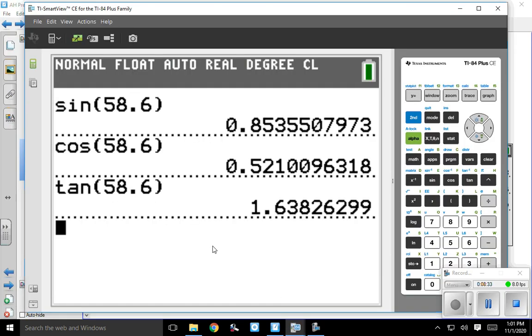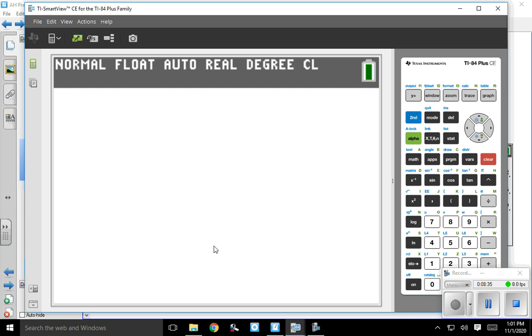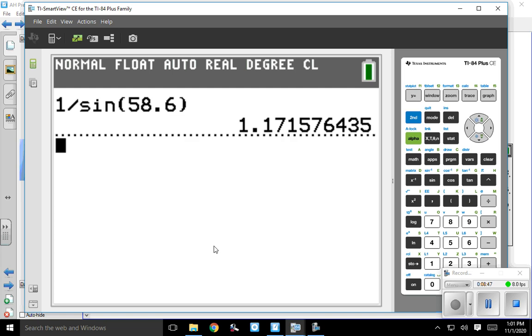And what I want to calculate then, let's start with cosecant. Cosecant I know is the reciprocal of sine, so that's 1 divided by the sine of 58.6. Again, you don't have a cosecant button on your calculator, so you can't just type in the cosecant of 58.6. Let's do secant next.